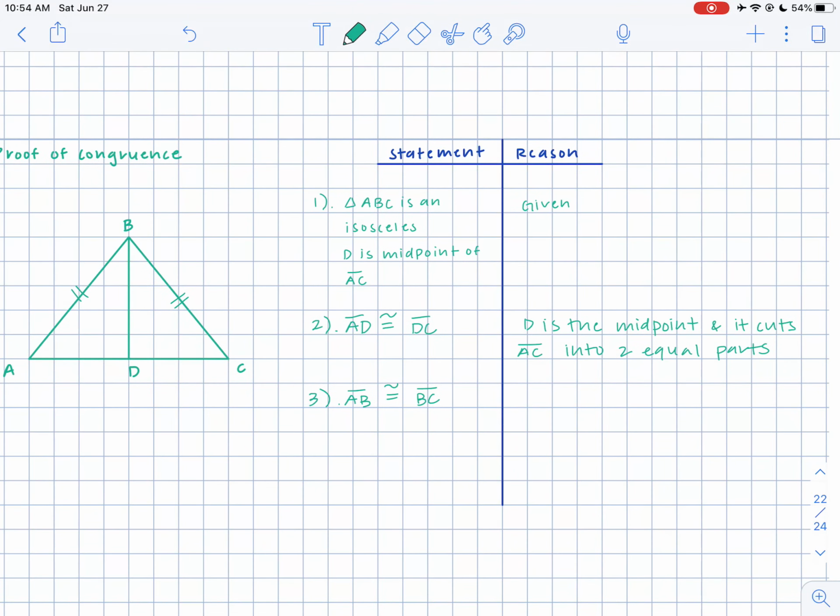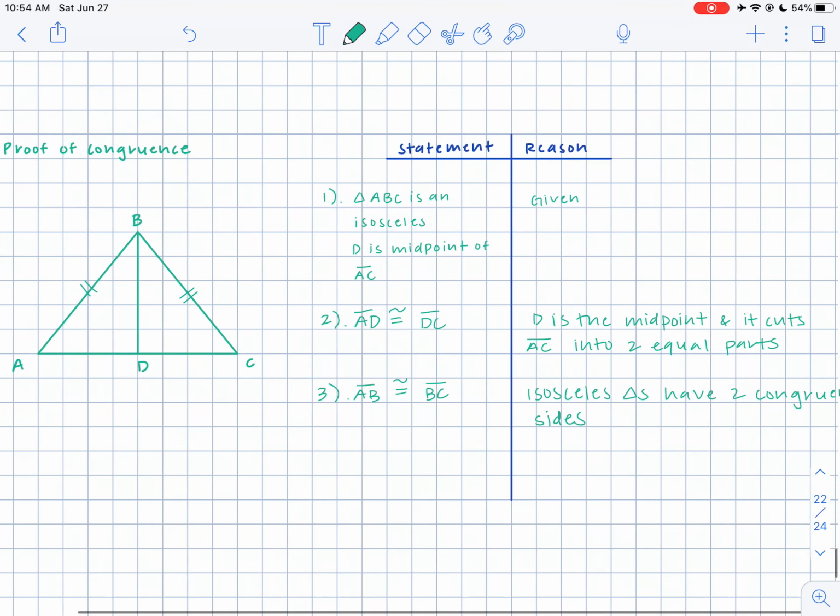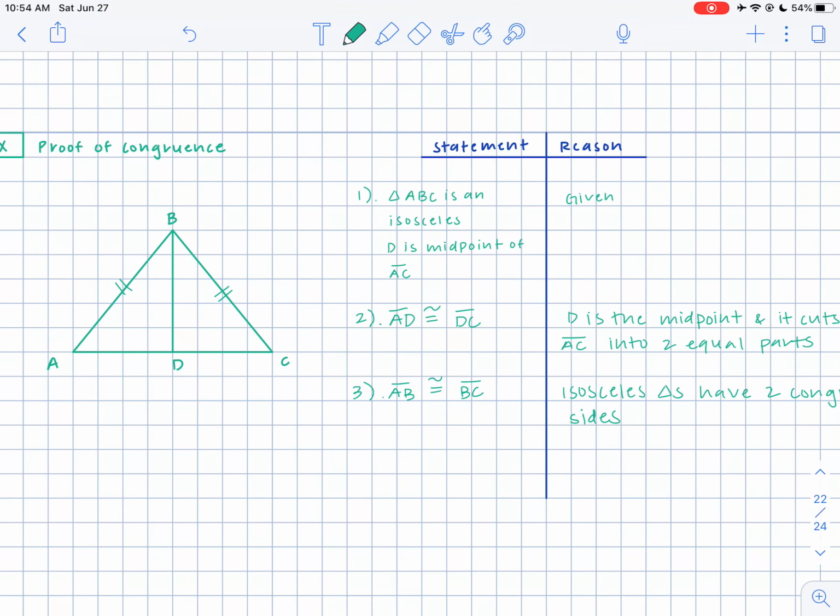Because we know that isosceles triangles have two congruent sides. Okay? We don't have enough information yet. Oh right, I forgot. Segment AD is congruent to DC, so we need to write hash marks.